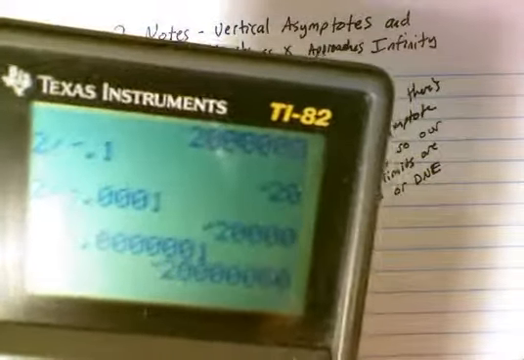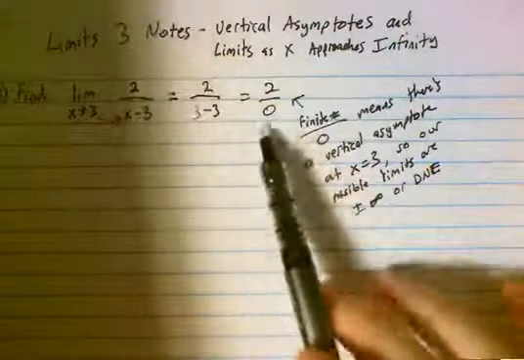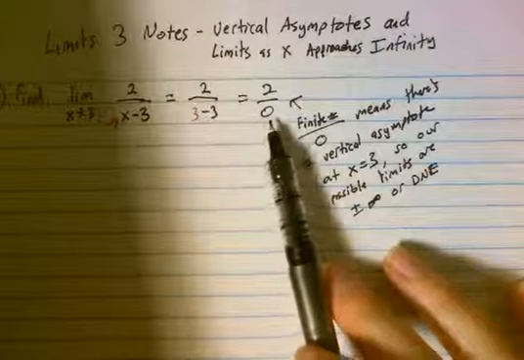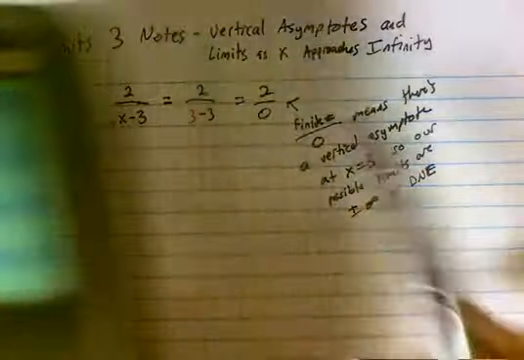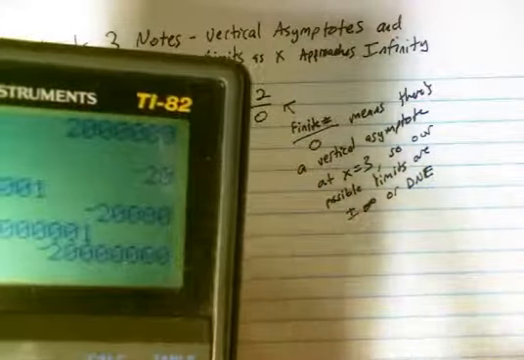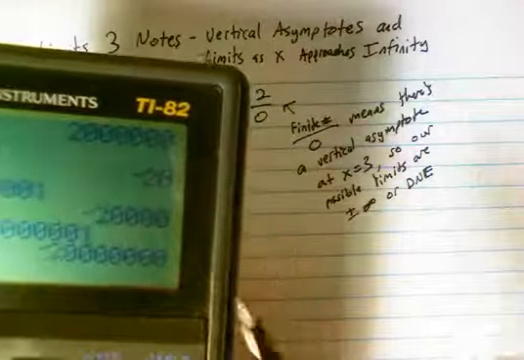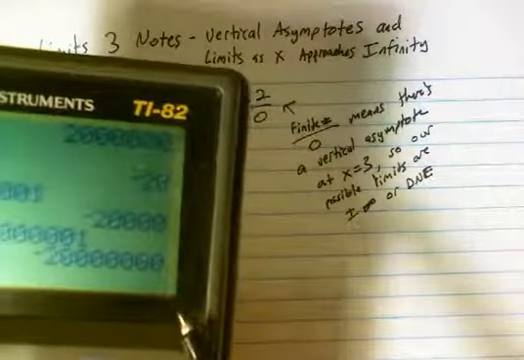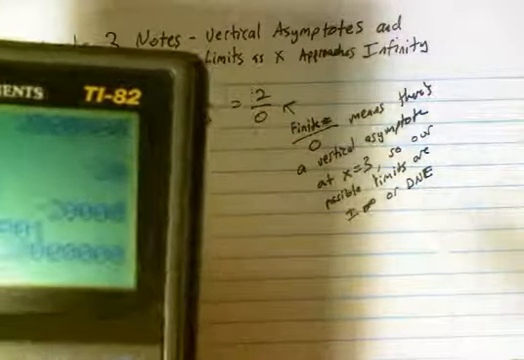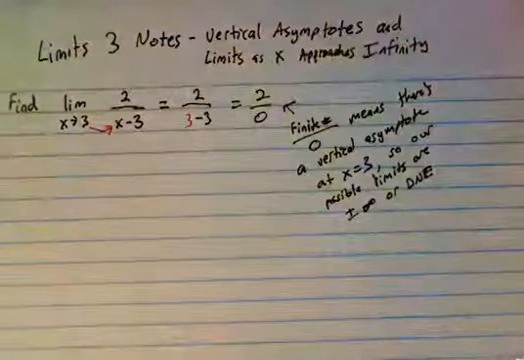We can never have a value that makes the denominator 0, and you can never have a value for y there because we're not allowed to divide by 0. So as we get closer and closer to it from each side, the value is getting closer to either positive infinity or negative infinity, and that's what creates the vertical asymptote there.